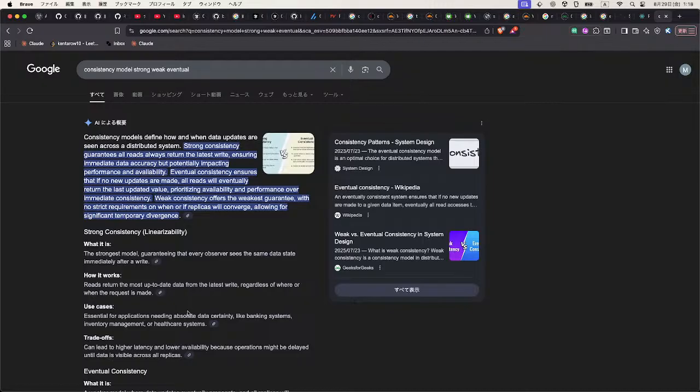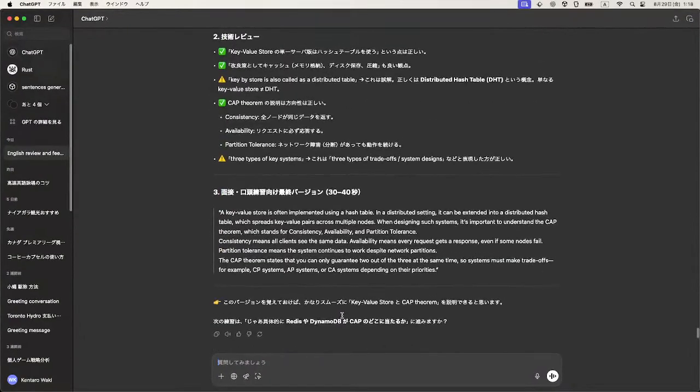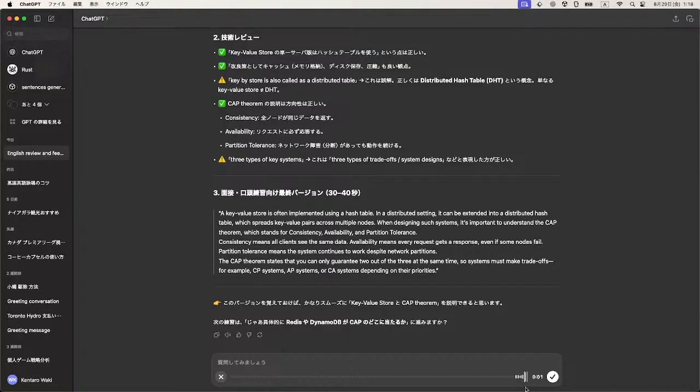Okay, so it's time to review. Today what I've learned: I've learned about the design for key value stores. Before doing that, it's important to understand the problem and its requirements.